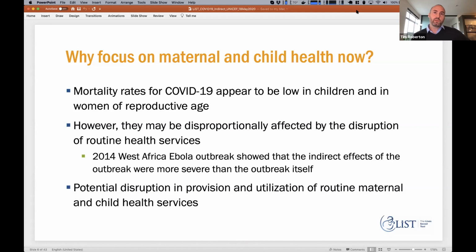And as I said before, we know from, for example, the Ebola outbreak, that the indirect effects of the outbreak can be more severe, particularly for maternal and child health, than the outbreak itself.